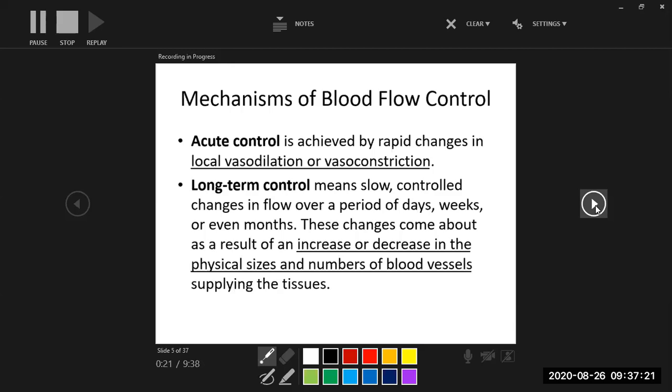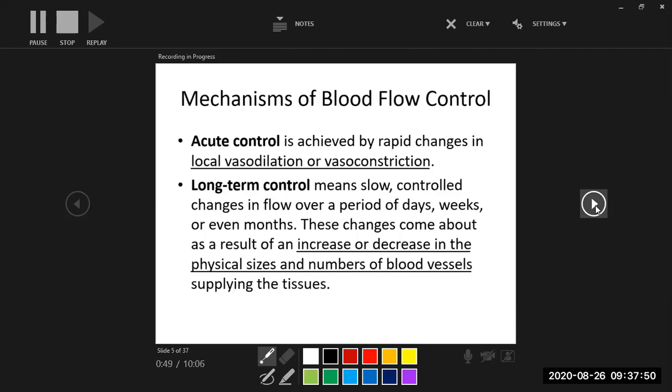Cells need oxygen, need glucose. But if you don't read, if you don't have visual, those local areas will very quickly return back to the normal state. If you don't use your muscle, the vasodilation will turn back to the normal state. If you use it, it increases. So that response is very dynamic.